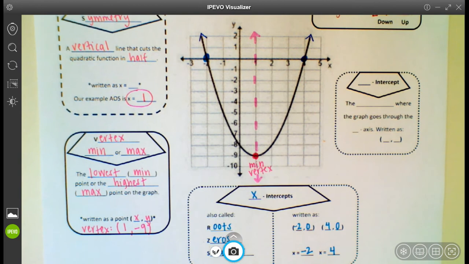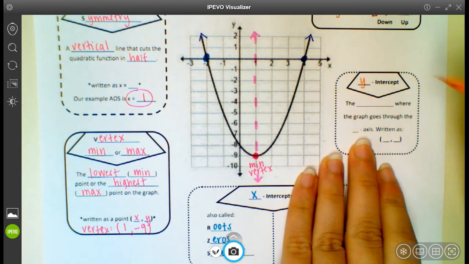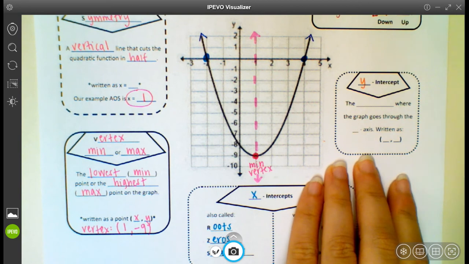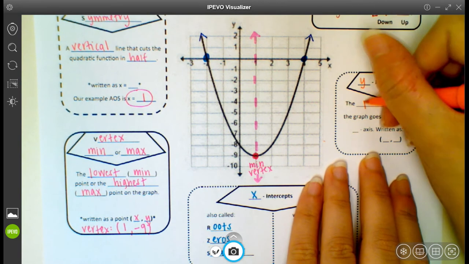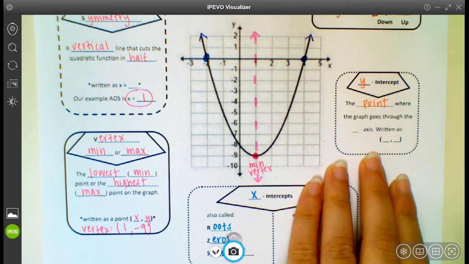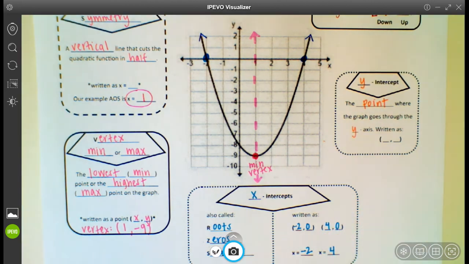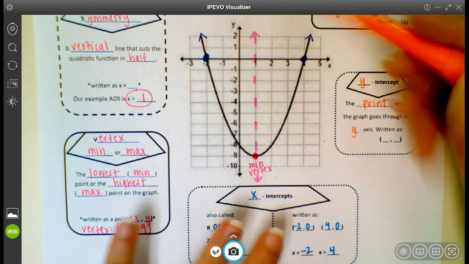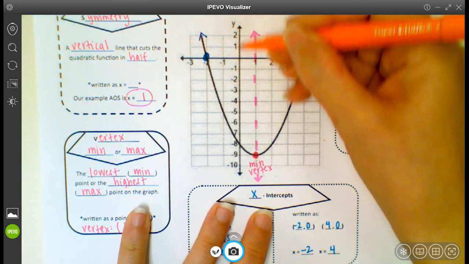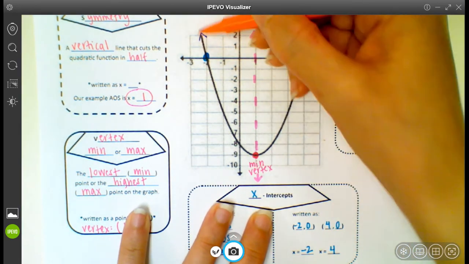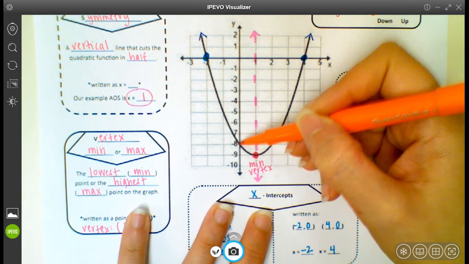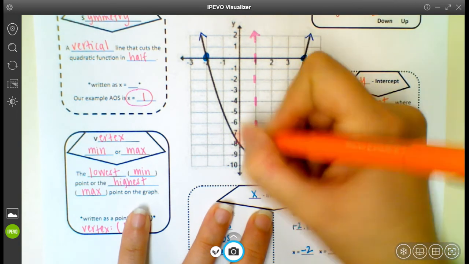All right, now we have one more intercept to talk about, and it's the y-intercept. And this is the point where the graph goes through the y-axis. So let's take a look at our U shape. Here's my y-axis. So where does my U hit that vertical line here of my y-axis?